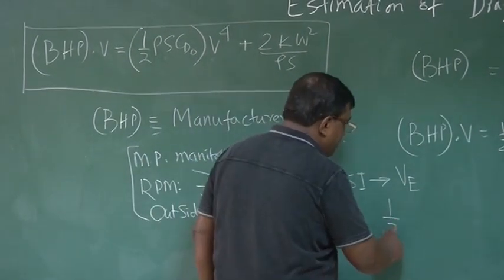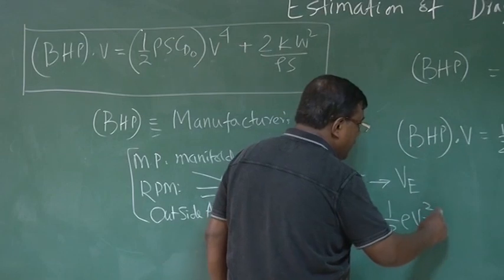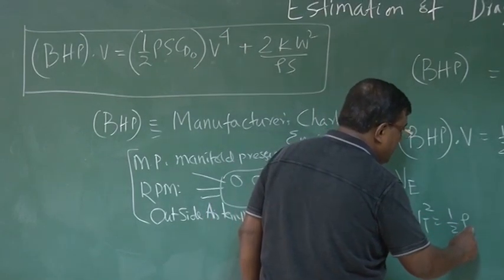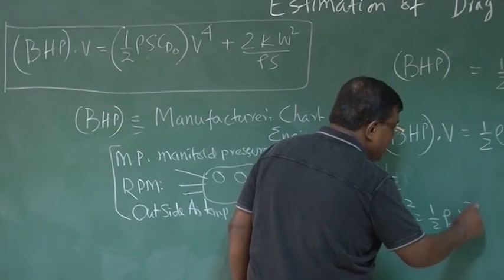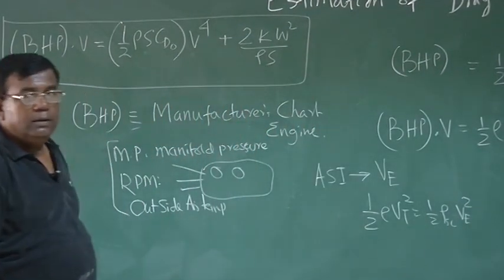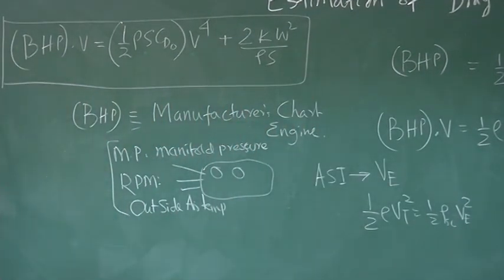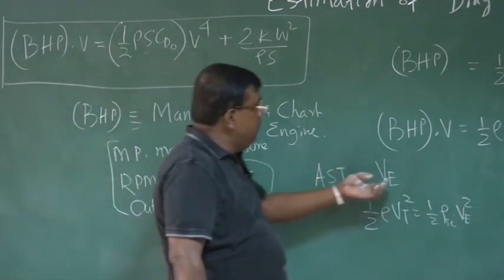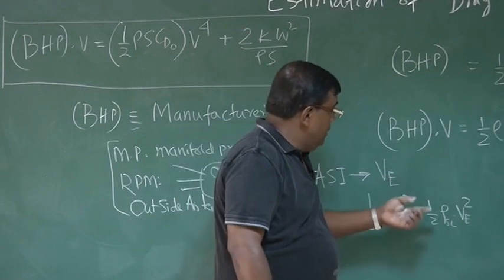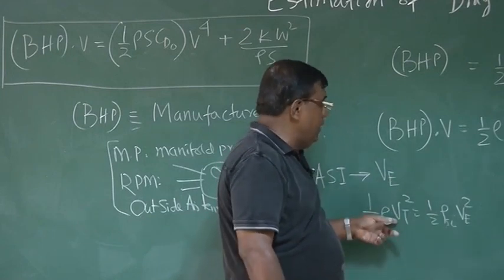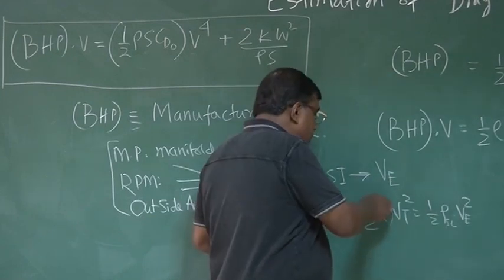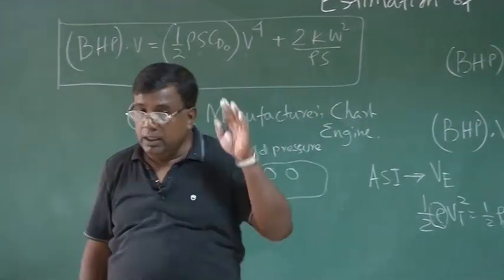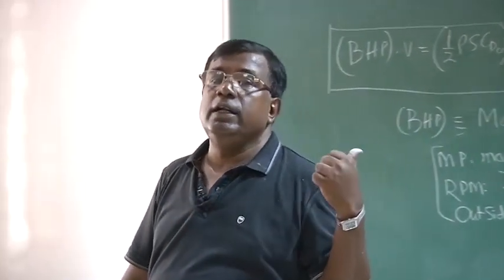We write half rho V true square equal to half rho sea level V equivalent square. That is how the airspeed indicators were calibrated. So if I know V equivalent, using this relationship, I can get V true. But for that, I need information about the local density. I know the outside air temperature, so I can find out rho, and I can find the true airspeed.